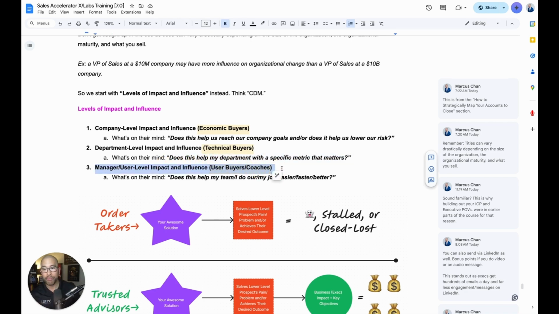And each of them is asking themselves different things when they're engaging with someone like you to sell them something. So, for instance, at the company level, this is the economic buyer. These are people who can say no when everyone else says yes, and they can say yes when everyone else says no. On their mind, they're thinking, does this help us reach our company goals, and/or does this help us lower our risk?